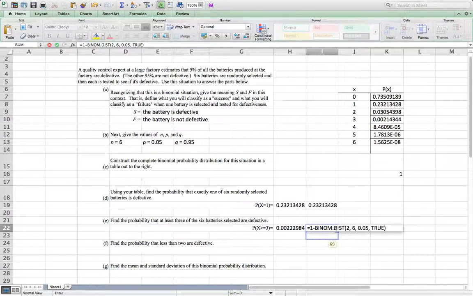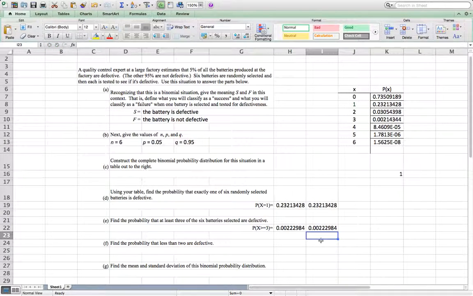This formula, binomial distribution 2, 6, 0.05, true, calculates the probability of x equals 0, 1, and 2, because I wanted cumulative, from 0 up to 2. Then 1 minus it is the complement. So 1 minus those becomes the probability for x not 0, not 1, not 2. That means the probability for x greater than or equal to 3. So you should get the same result. We got exactly the same result.